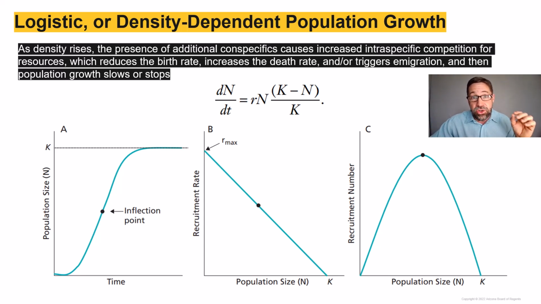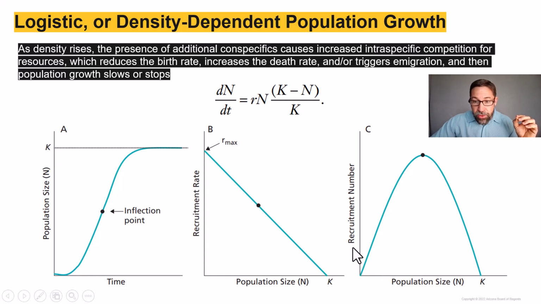That is, individuals permanently leaving the population, or all of the above. And then the population growth rate, right, which is the slope of this line, is going to decrease and eventually flatten out. Population growth is going to stop when we bump up against big K, which is the ecological carrying capacity. So hopefully you can see it here on this graph on the far right.